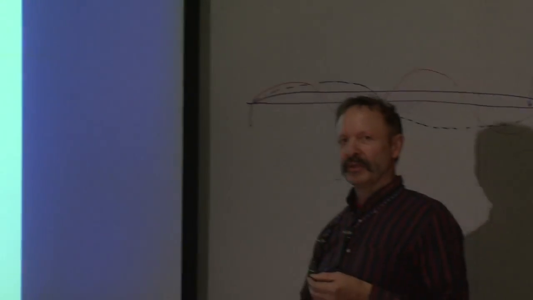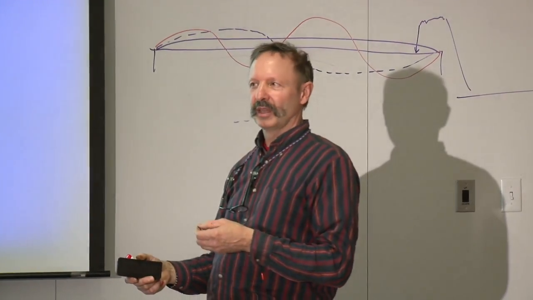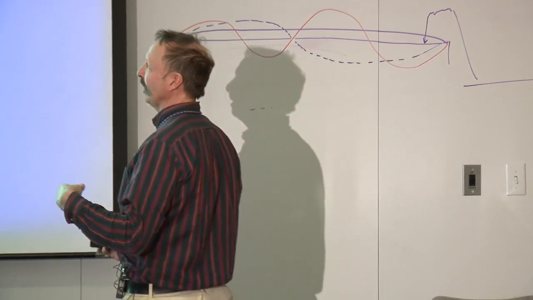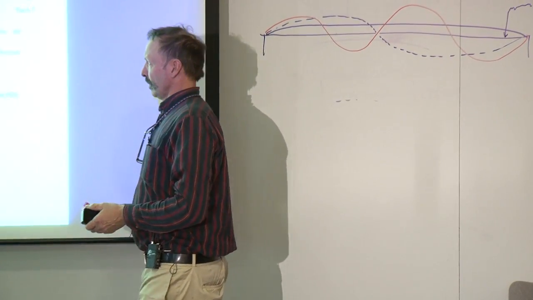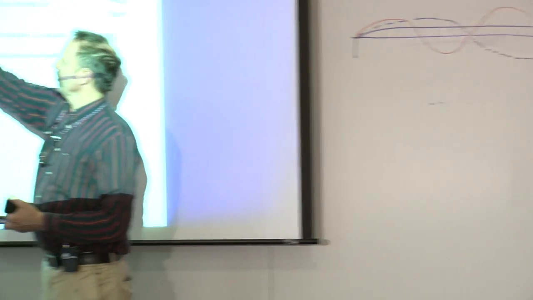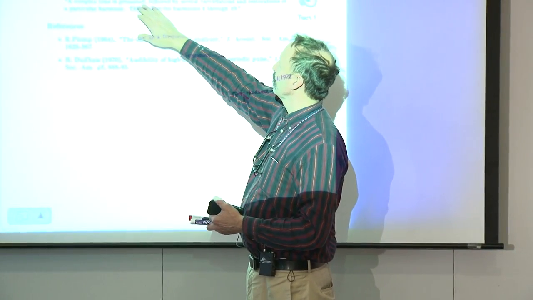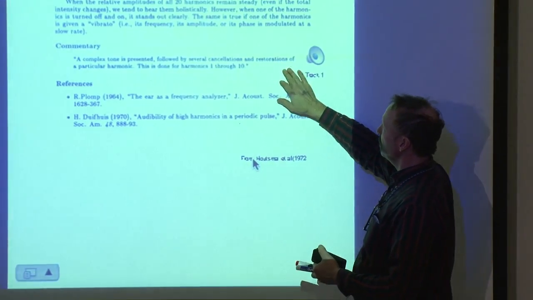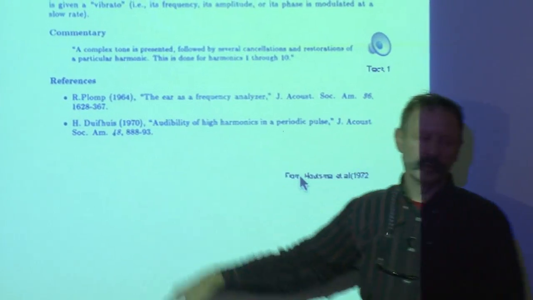But if you take some of the harmonics out and put them back in, you're aware of that taking out and putting back in. So what they're going to do is give you a complex tone, followed by several cancellations and restorations of a particular harmonic.